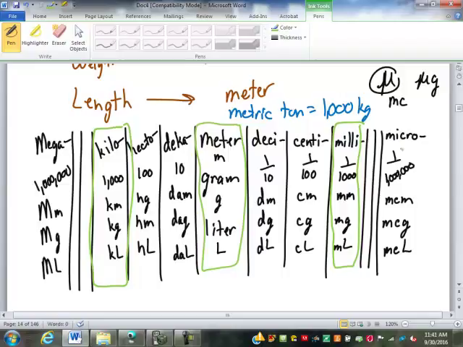Now in medicine is one of the few areas where I've ever seen deci used. The deciliter, to be exact. All of your blood tests in medicine are done from deciliters. If you do a cholesterol test and it comes back as a 140, what that is saying is 140 milligrams of cholesterol per deciliter of blood.